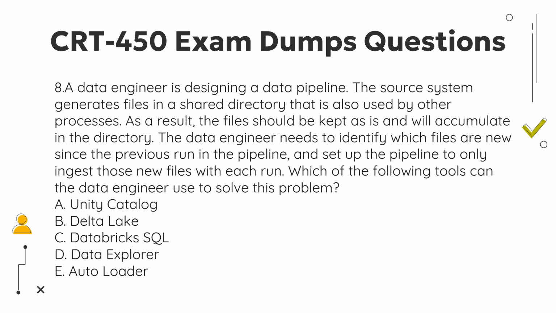8. A data engineer is designing a data pipeline. The source system generates files in a shared directory that is also used by other processes. As a result, the files should be kept as is and will accumulate in the directory. The data engineer needs to identify which files are new since the previous run in the pipeline, and set up the pipeline to only ingest those new files with each run.